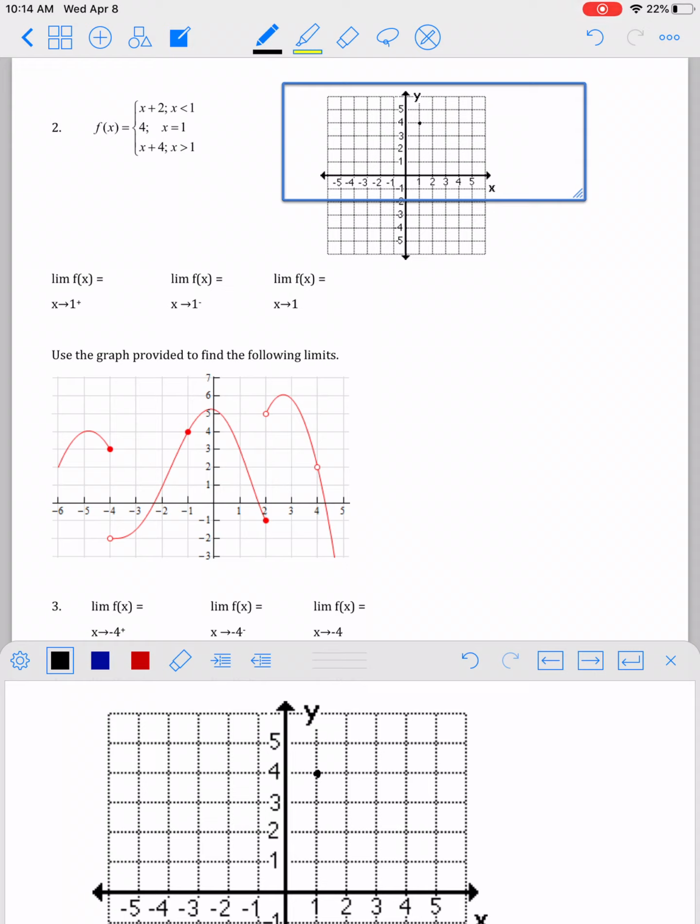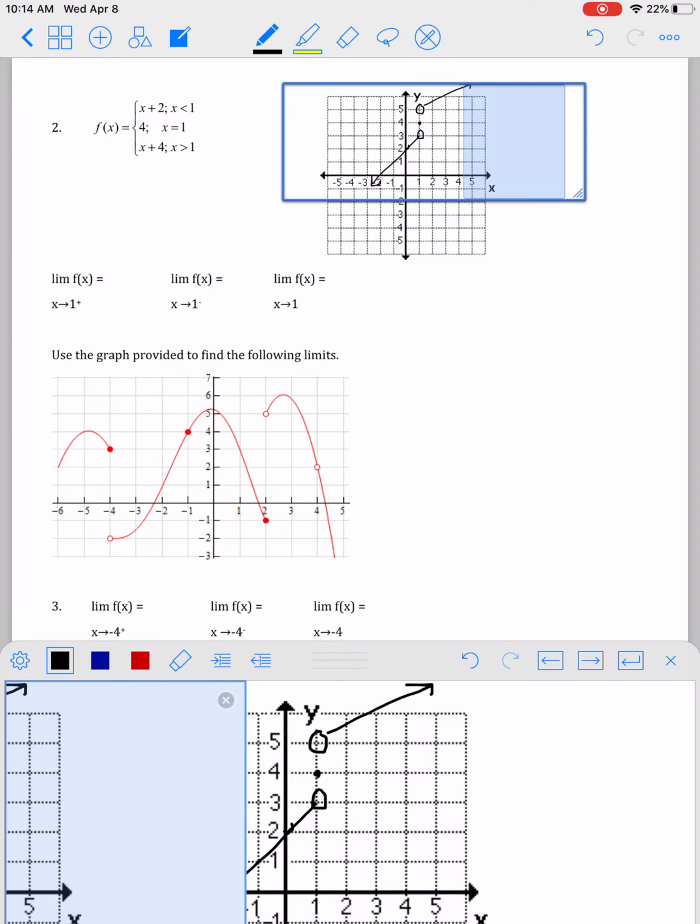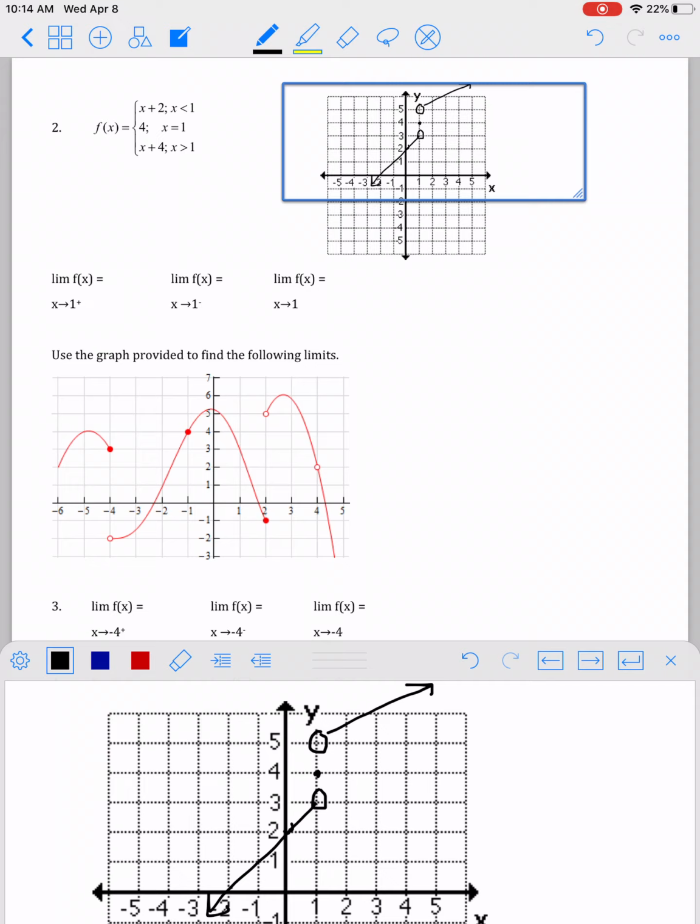And then starting with a 1, for values less than 1, I plug in the 1. 1 plus 2 is a 3, but that gets an open circle from our piecewise days. And so I'm going to graph like that. And then if I plug in a 1 plus 4, that's a 5. That's also an open circle. And that, remember, is an open circle because the boundary value is not included.